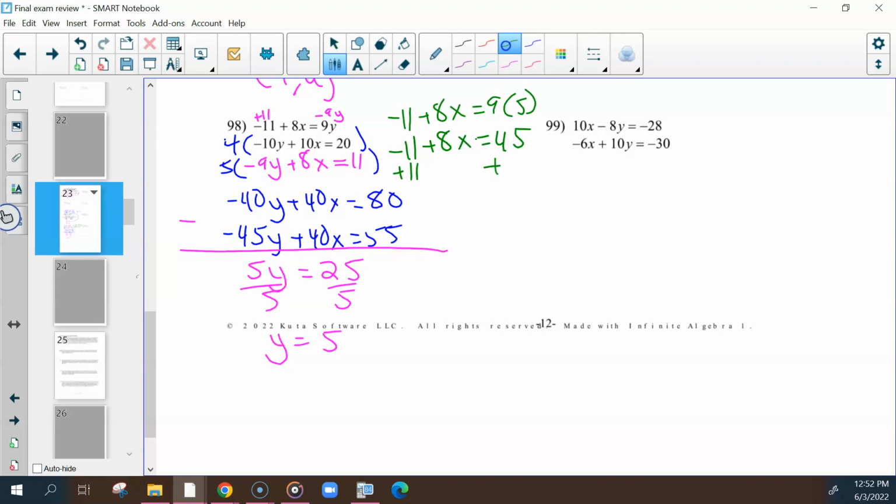Add 11 to both sides. 56. And divide both sides by 8. No matter which equation you choose, you should get 7. So our ordered pair would be 7, 5.